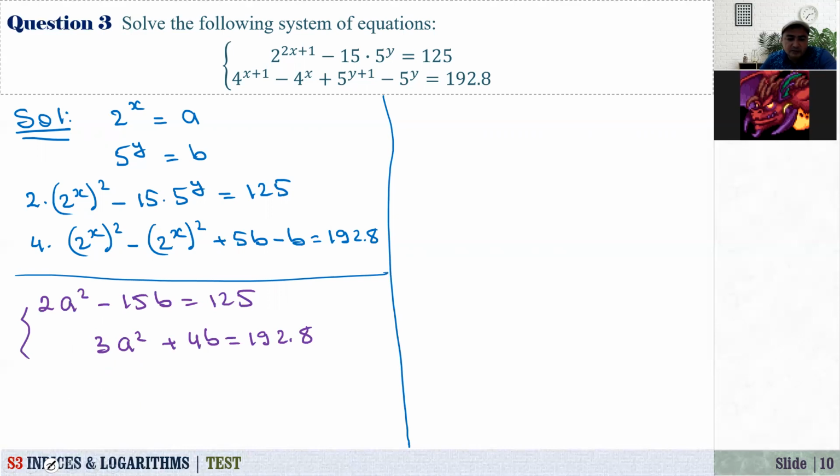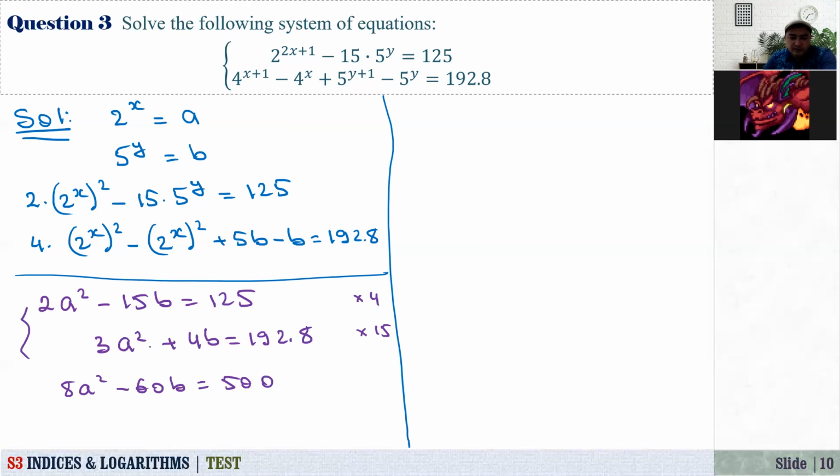First, how can we solve for b? The first equation, I should multiply both sides by the least common multiple of 15 and 4, which is 60. So I should multiply the first one by 4, the second one by 15. If you multiply the first equation both sides by 4, here we have 8a squared minus 60b. 4 times 125, that's equal to 500.